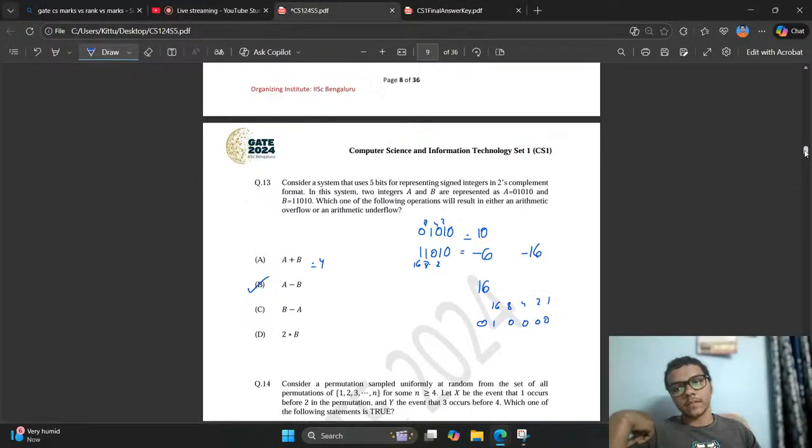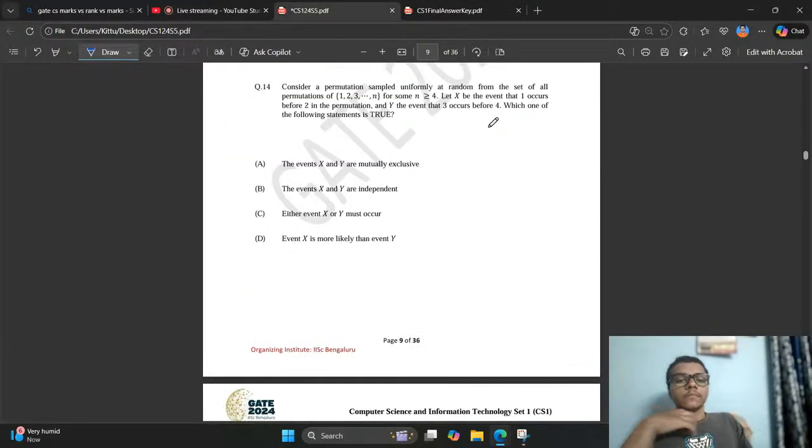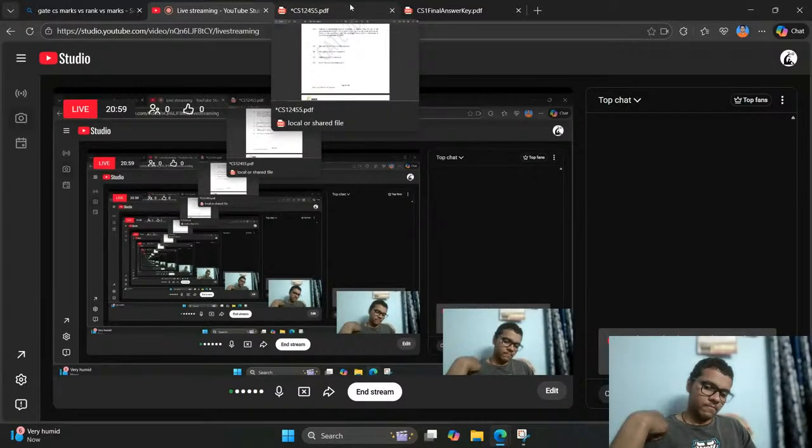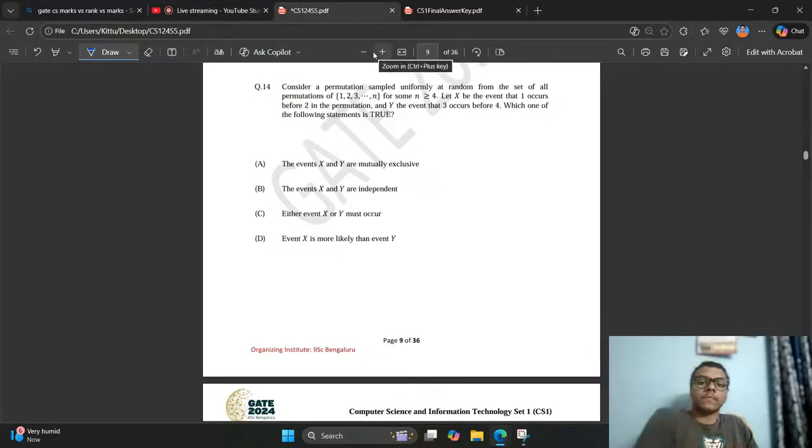Okay, by the way, I have solved this question. Permutation sampled uniformly at random. Okay, this is some basic math. Permutation sampled uniformly at random from the set of all permutations where n is greater than or equal to 4.